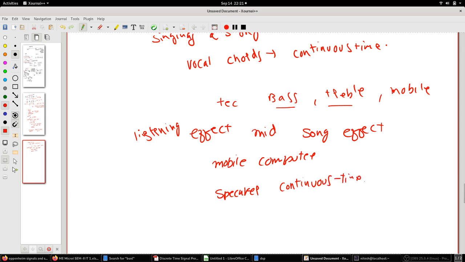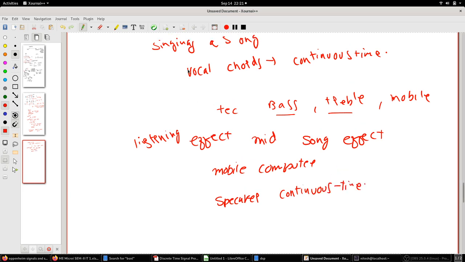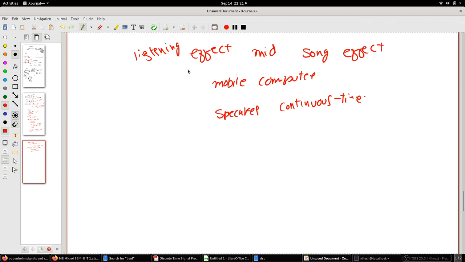So the thing is, whatever song you had sung, okay, was sampled first, is encoded into, let's say, an MP3 version or whatever, okay, or it's processed.